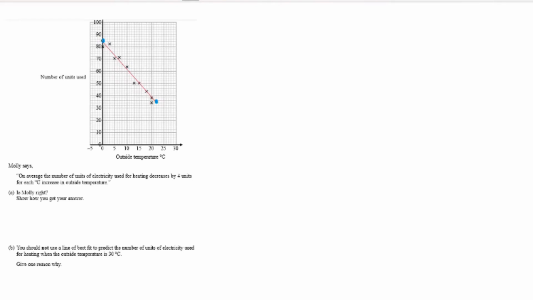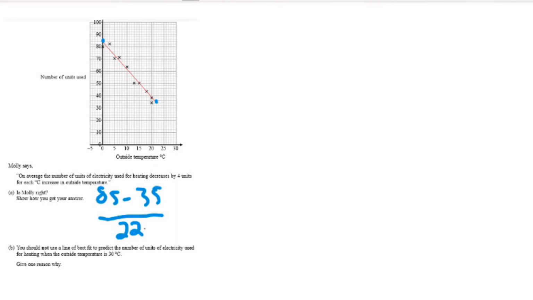Look here, I can take that as approximately 85 and here as 35. Again, it will depend on your line of best fit and you'll be able to read a lot more accurately on your actual graph paper. But if we were to take that, so our 85 minus our 35 over, and here this is going to be 22, and 22 minus 0 is just going to be 22.